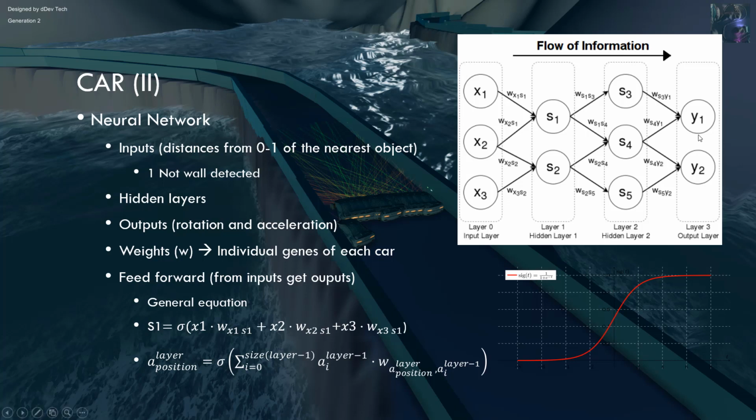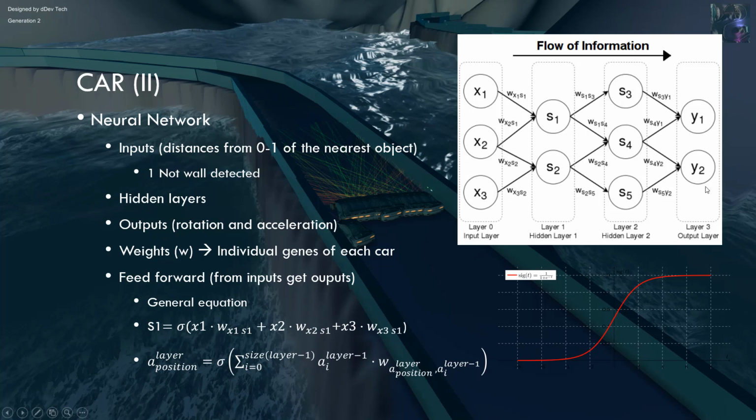Then we'll have the hidden layers, which are like the neurons that will give a more intelligent view of each car.